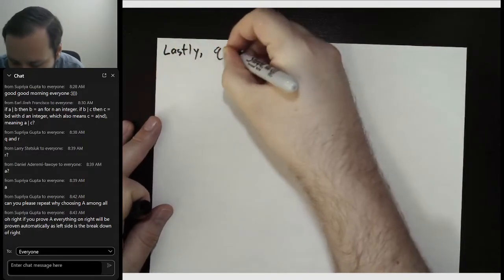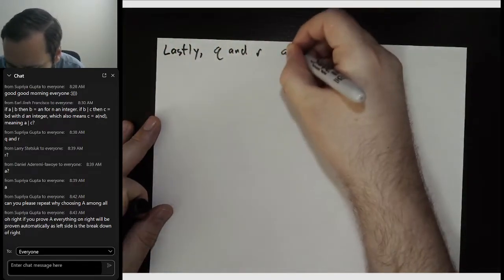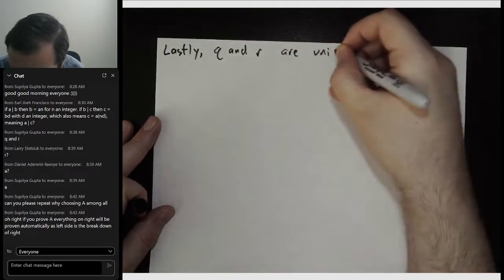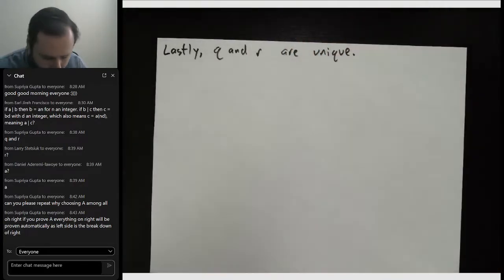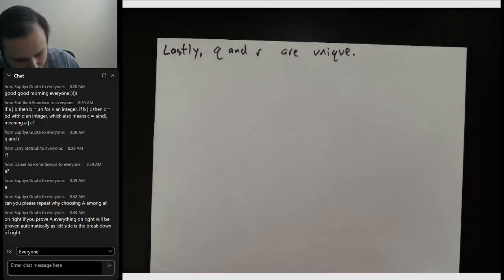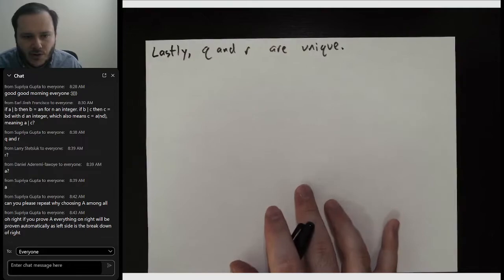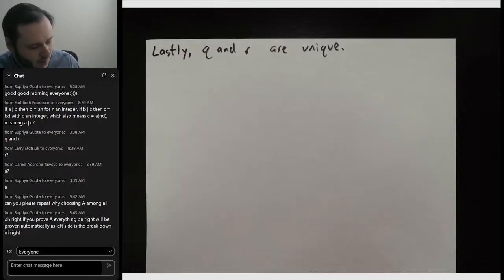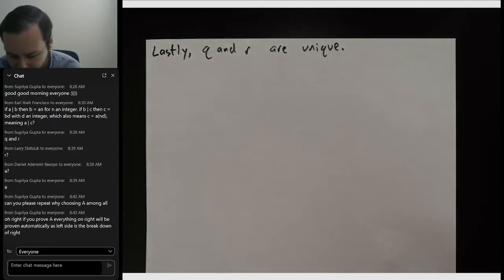Lastly, Q and R are unique. So, this is important. This will come up again. How do we prove that something is unique? Well, the basic technique is going to be to pick 2 ways of writing it.